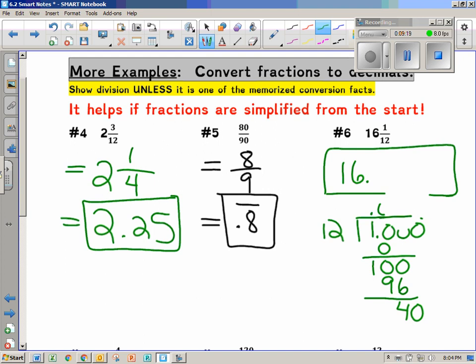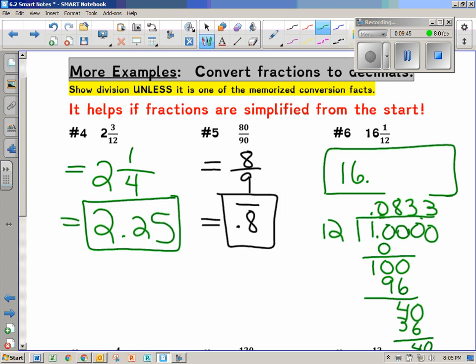Okay, so I can get this back here. That was 0. That was 8. And then we decided it's going to go 3 times. That's 36. Subtract. Bring down. I'm getting that 40 repeatedly, so that 3 is going to keep going.